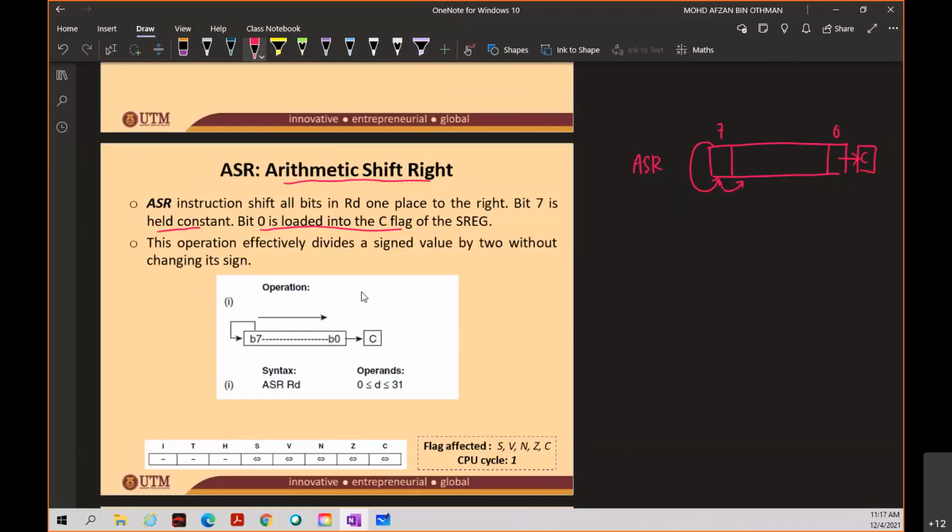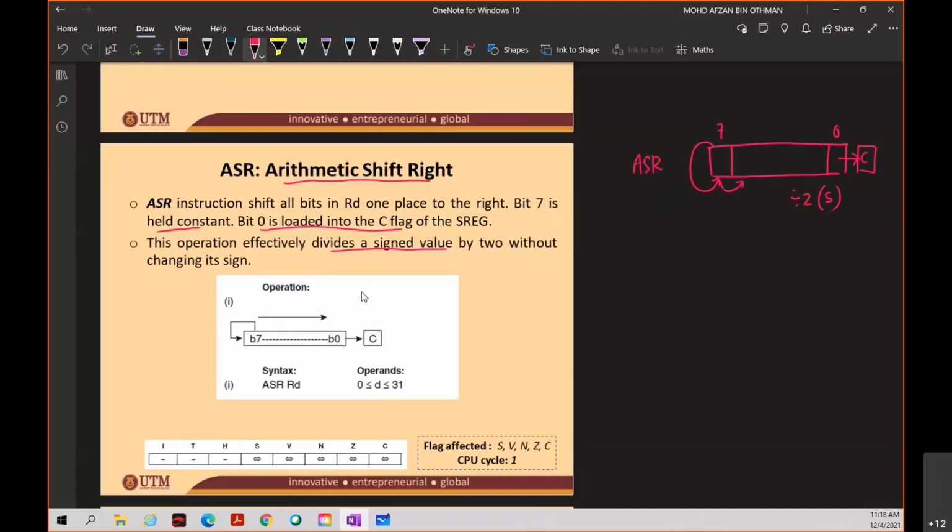By using this operation, it effectively divides a signed value by 2 without changing its sign. It means that by using this instruction, you divide the content of the register by 2, and it is valid for signed numbers.